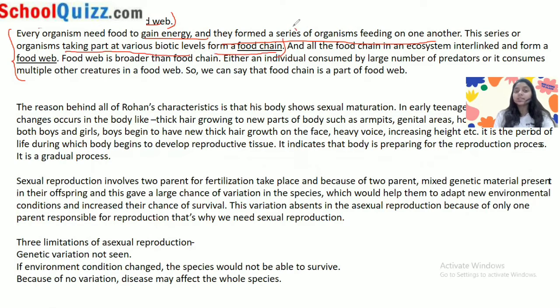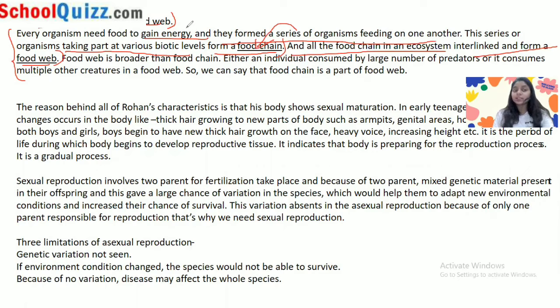And all the food chains in an ecosystem interlink and form a food web. So we know what a food web is. A food web is a group of food chains. But we have to present to the examiner why it is a part of the food web. So we have to tell them step by step.